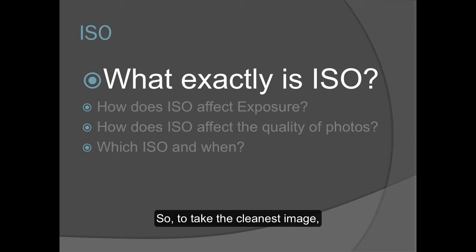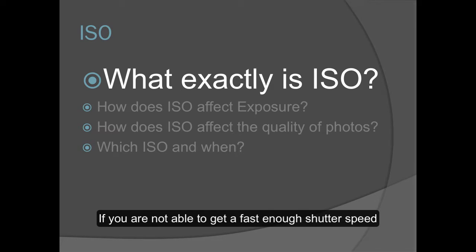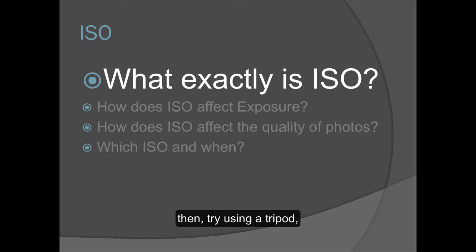To take the cleanest image with the least amount of noise, it's recommended to use the lowest ISO that your camera is capable of. If you are not able to get a fast enough shutter speed with that low ISO setting under the lighting conditions, then try using a tripod or choosing a larger aperture, or as a last resort, increasing the ISO.